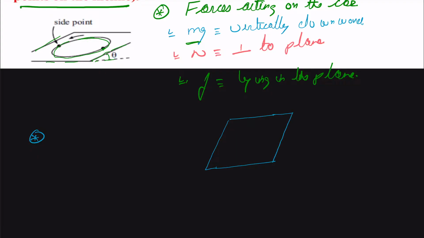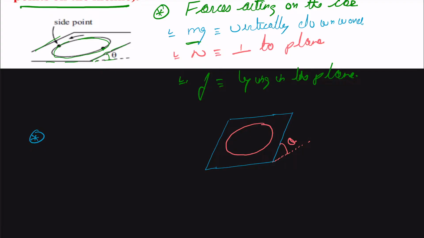In this case, we draw our horizontal at a little bit of angle. Okay, so this is our horizontal, and on this we can draw the circular path on which it will be moving.